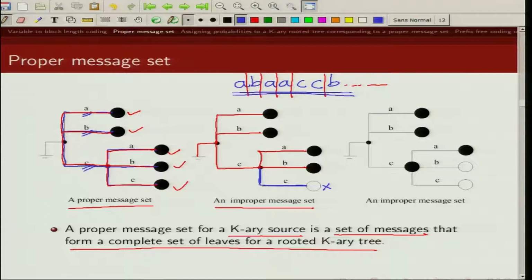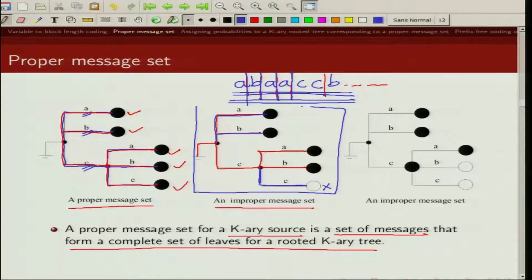So if you look here, if I get an A, my input stream is parsed. If I get a B, the input stream is parsed. If I again get an A, the input stream is parsed. Now if I get a C, note that I need to look at the next bit. The next bit gives CC, but CC is not used. So if I give this particular input stream to my message source parser, I cannot parse sequences which are of type CC.